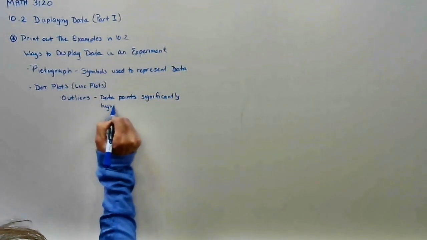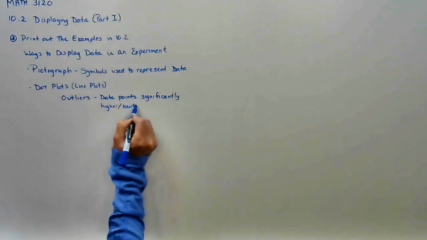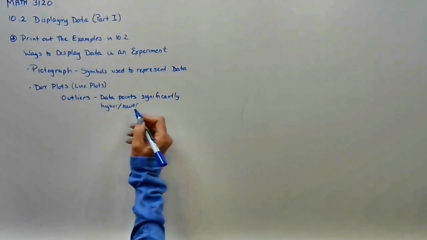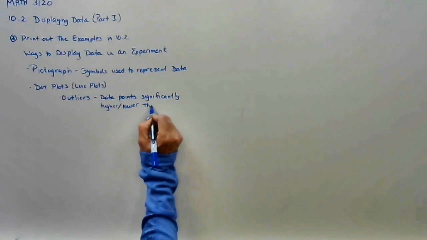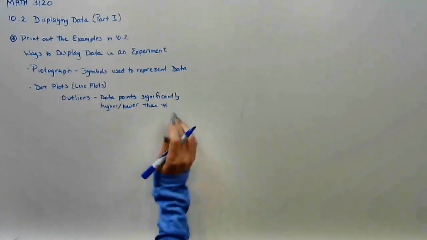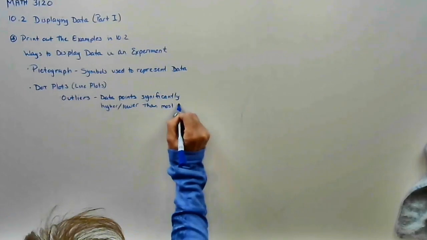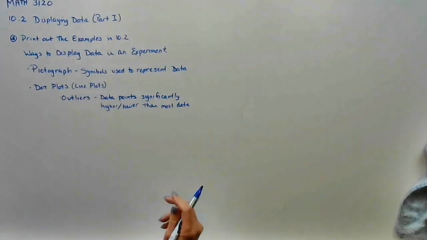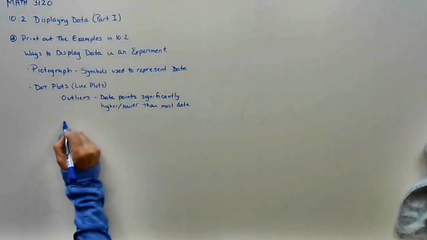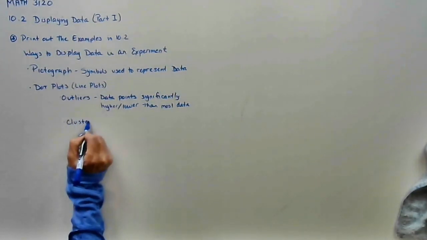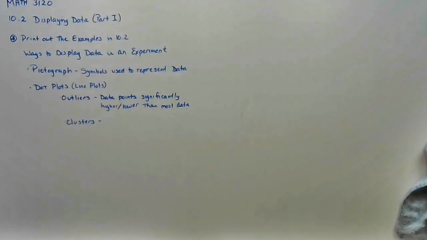Higher or lower than most of our data. Okay, so other than outliers, we're also going to take a look at clusters, which are also found on dot plots or line plots.